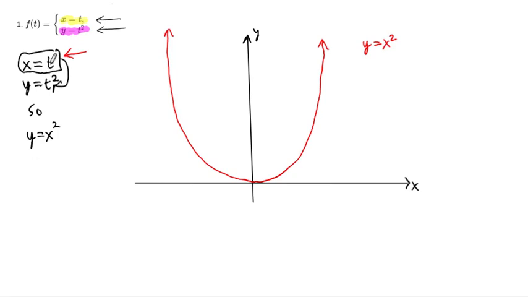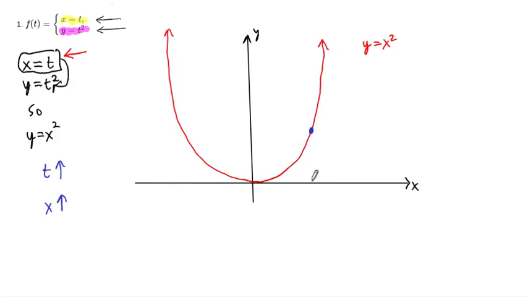In particular, as t increases, as t is getting bigger, x is getting bigger. I think I said in the last video that physicists like to think about the parameter t as representing time, and the curve that this traces out is like the path that a particle will take as time goes on.